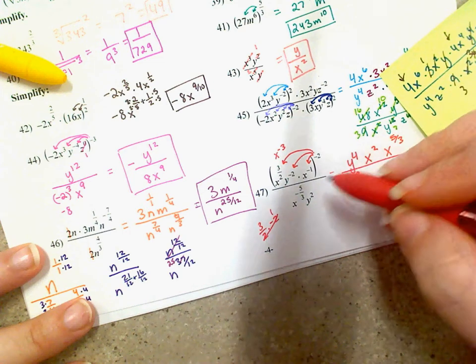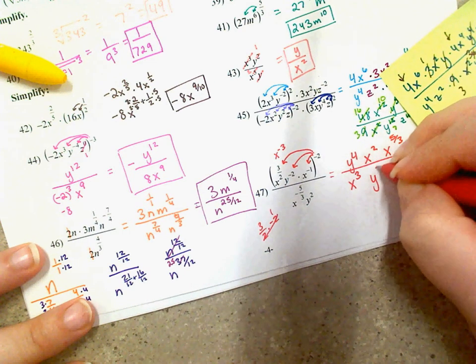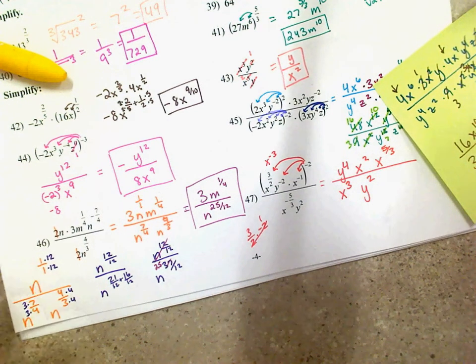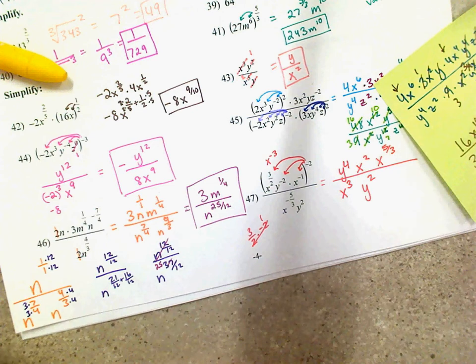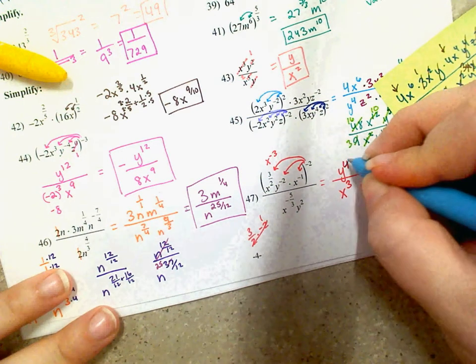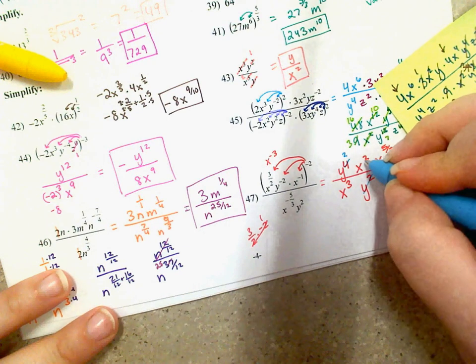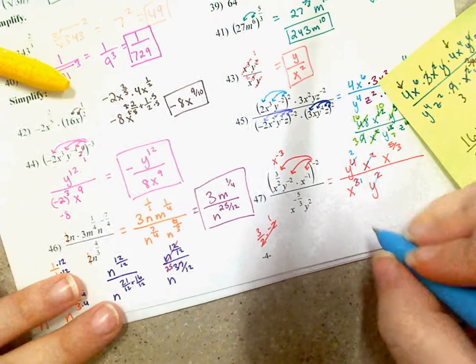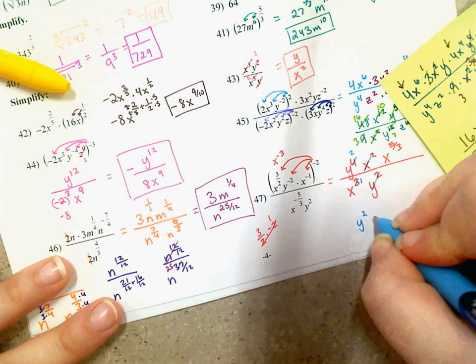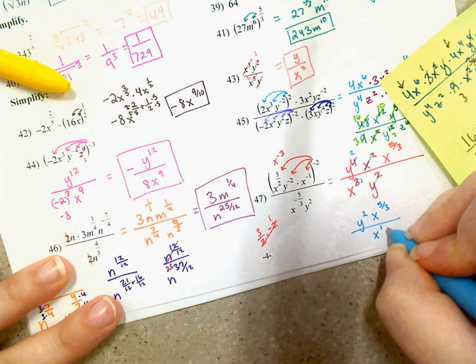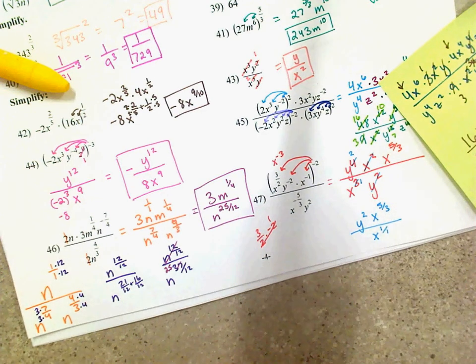So then we need to simplify. I see 2 y's from here canceling out 2 y's from there. 2 of these cancel out with 2 of those, leaving me with 1. So I've got y squared x to the 5/3 divided by x to the first. So I'm going to find a common denominator, which is 3. Multiply top and bottom by 3 in the denominator.